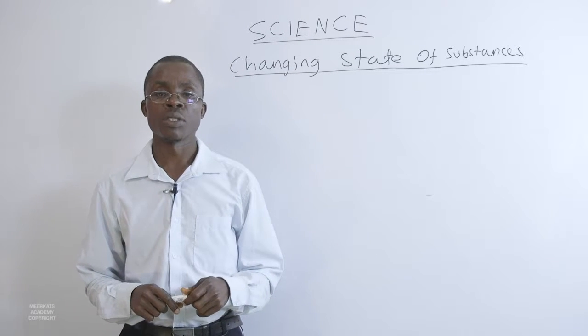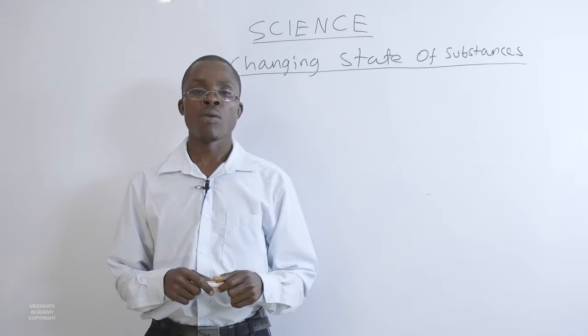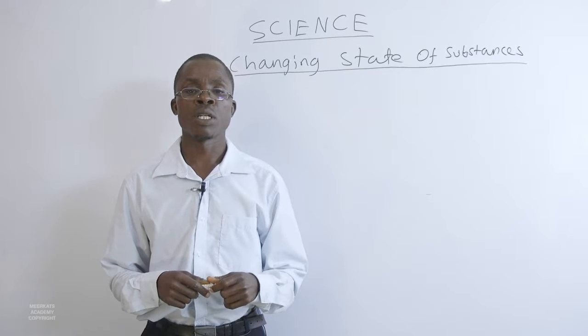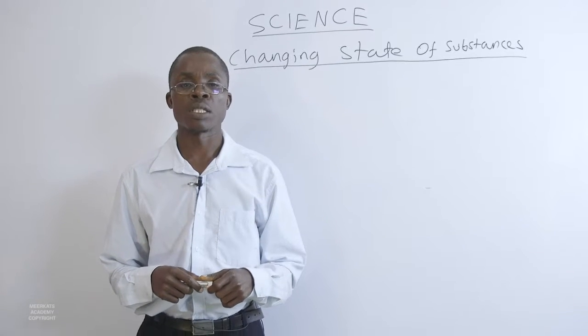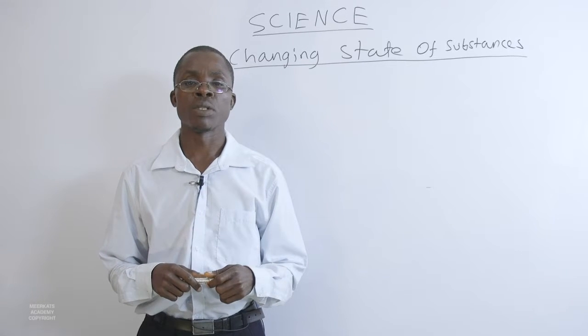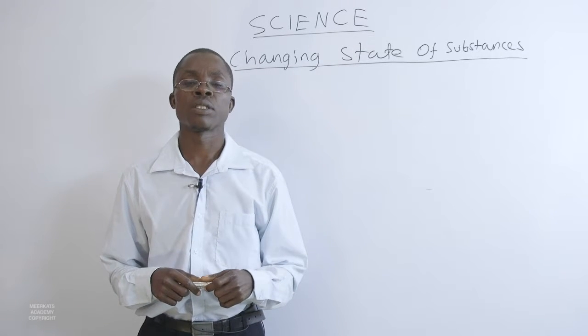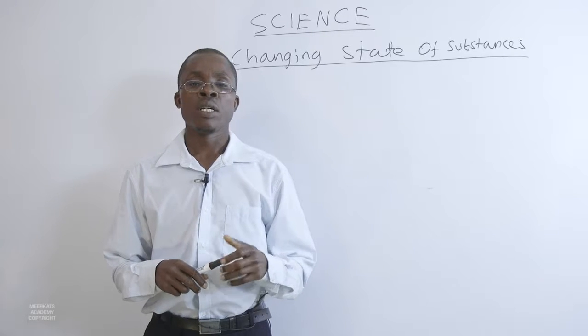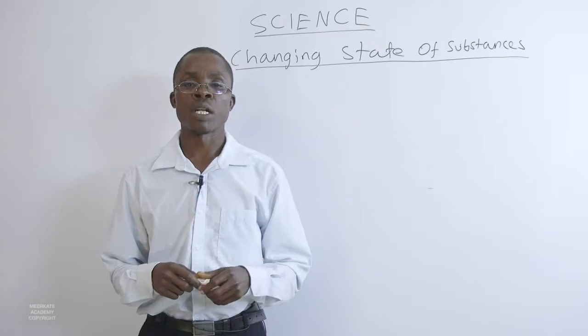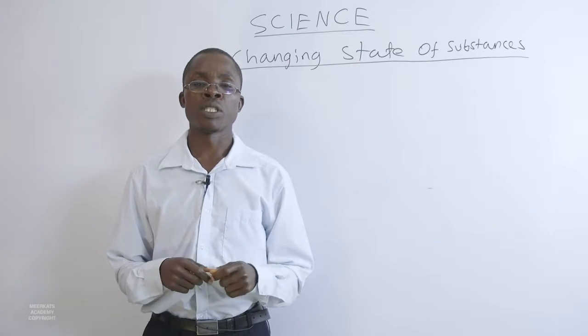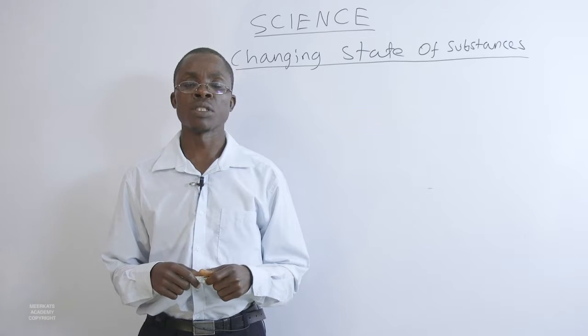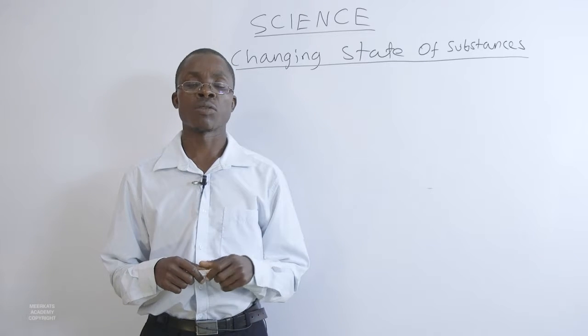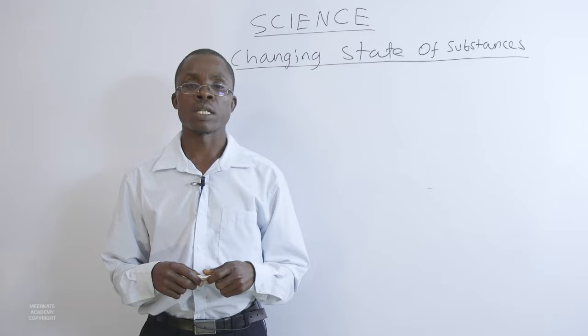In our previous lessons, we have talked so much about the three states of matter, that is solids, liquids, and gases. We have seen in particular the characteristics of solids, the characteristics of liquids, and the characteristics of gases.